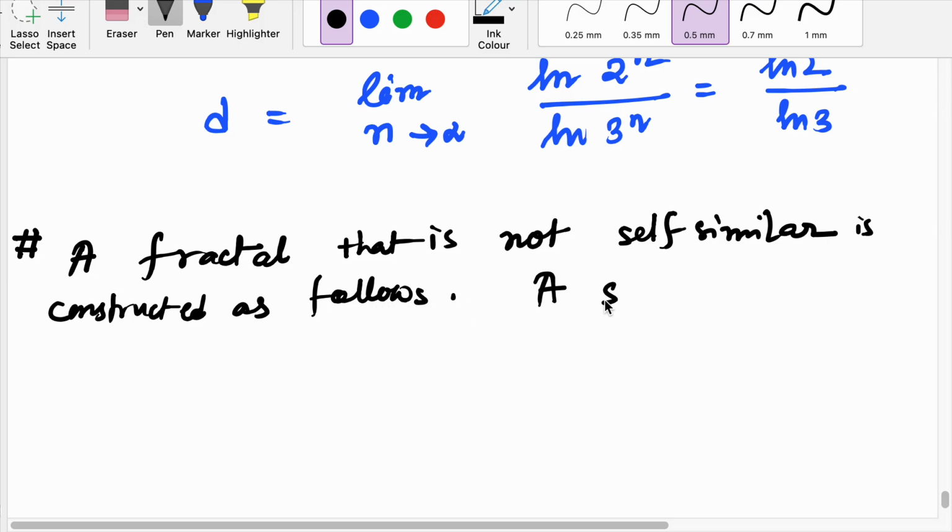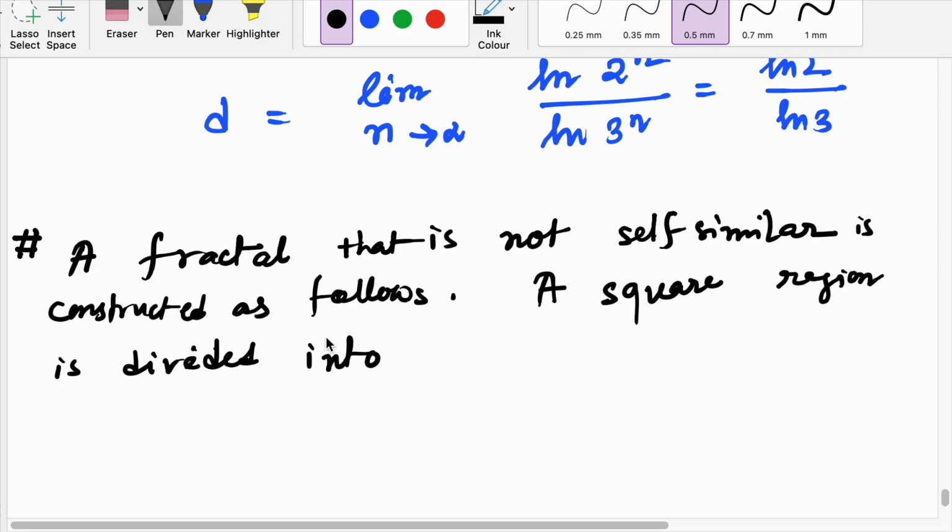A square region is divided into 9 equal pieces, 9 equal squares.